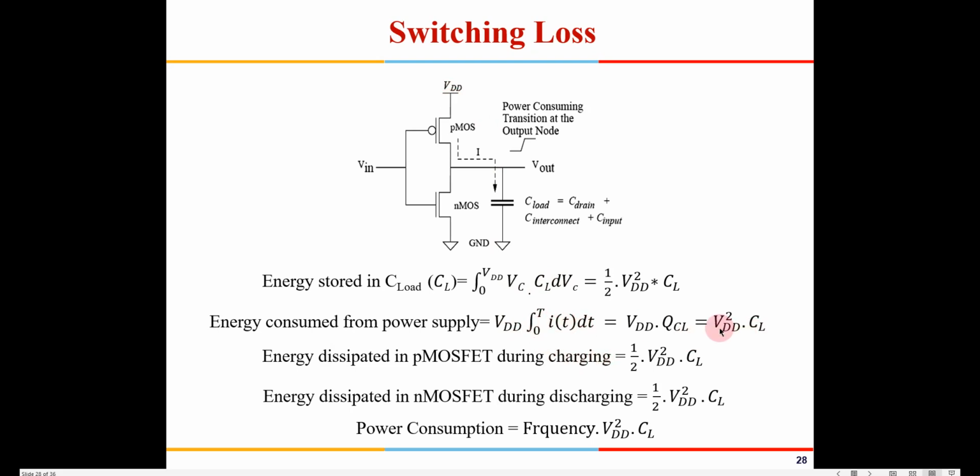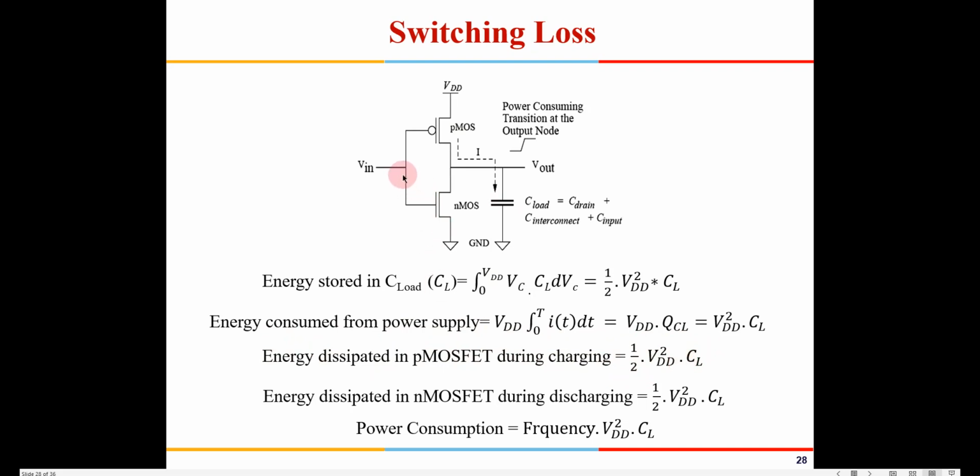When you do that, you get VDD square CL. So VDD square CL is the energy taken from the source, and the energy stored in the capacitor is half VDD square CL. What about the rest, half VDD square CL? That gets dissipated as heat. So while the output node is getting charged to 1, half VDD square CL energy is dissipated as heat in the PMOS.